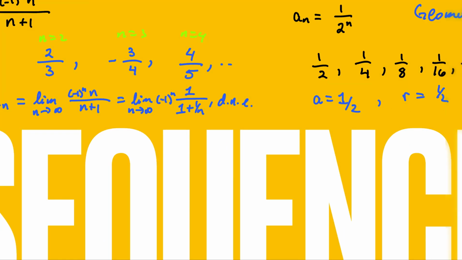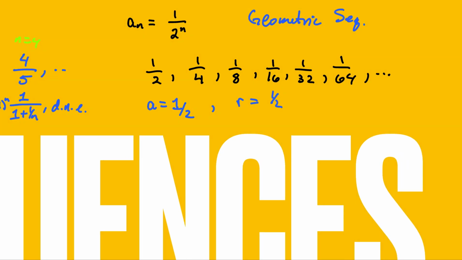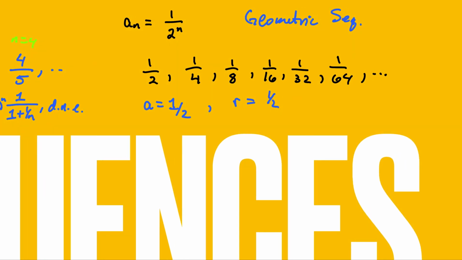On the other hand, on this geometric sequence example of 1 over 2 raised to the n, we can see by inspection that terms get smaller and smaller and smaller. We can also notice that all of these terms are positive, yet they're all getting smaller.